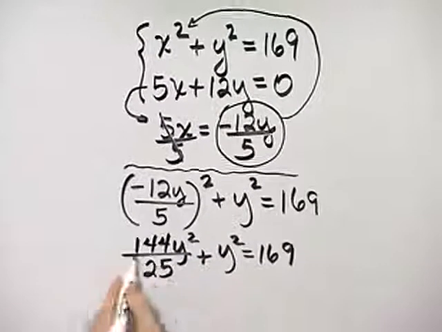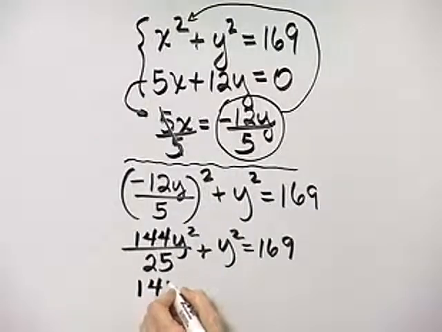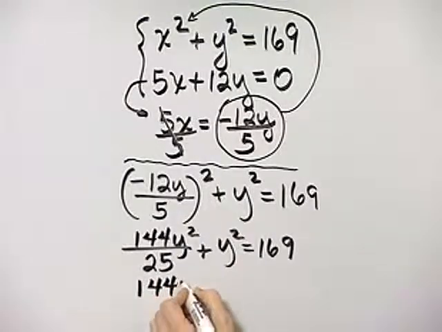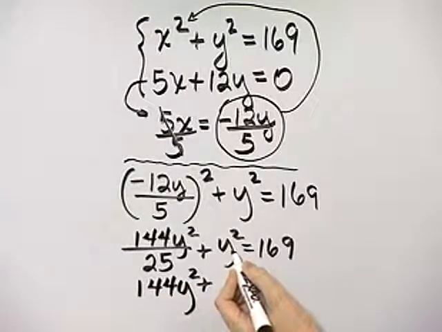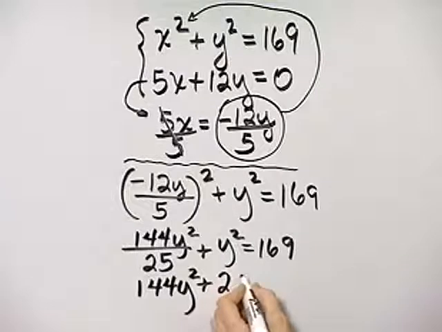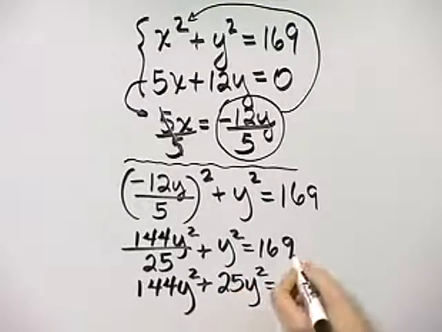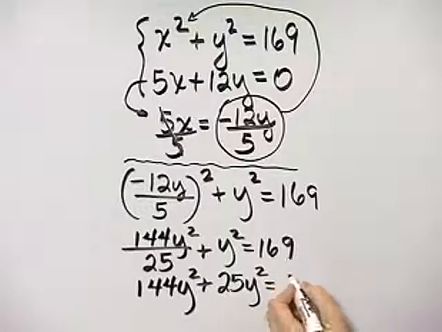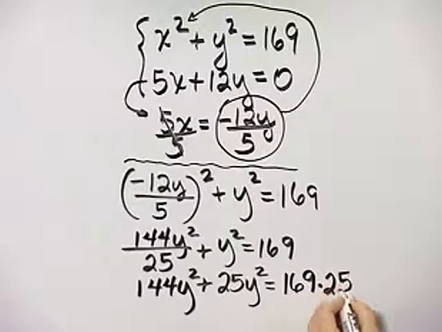If I multiply this term by 25, the 25's divide out, and I have 144y squared, plus you must multiply this term by 25, so that's 25y squared is equal to, and you must multiply this term. I don't think I'm going to multiply it out. I'm just going to write it as 169 times 25.